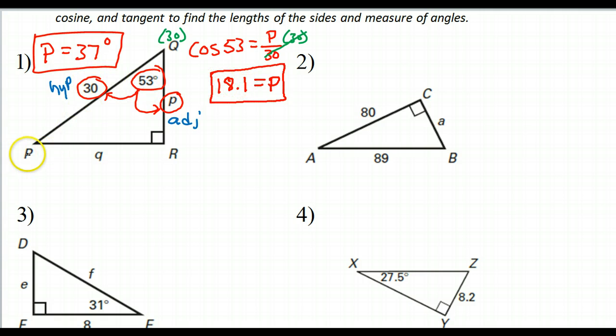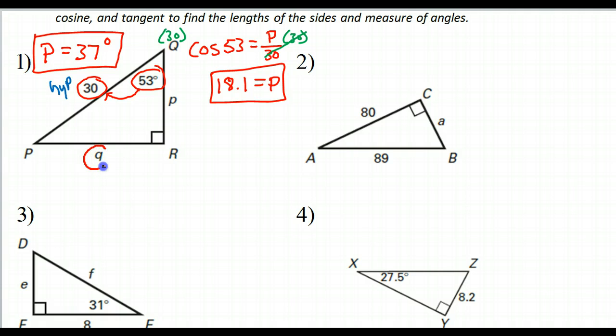Wow, okay, that's a little confusing because we have capital P is the angle and then lowercase p is the side. I wish they didn't do that. Anyway, so that's two of the three things we need. Now we still need to find Q. So I have to sort of start over a little bit. Forget about that adjacent piece.